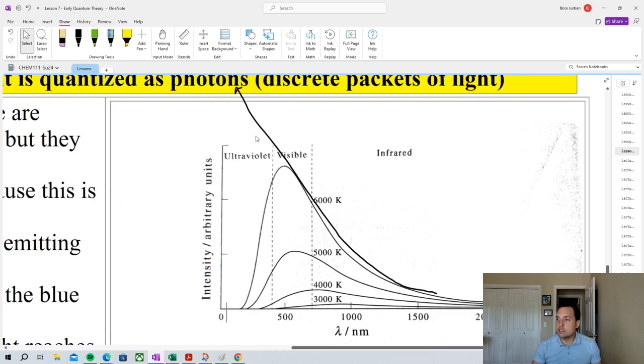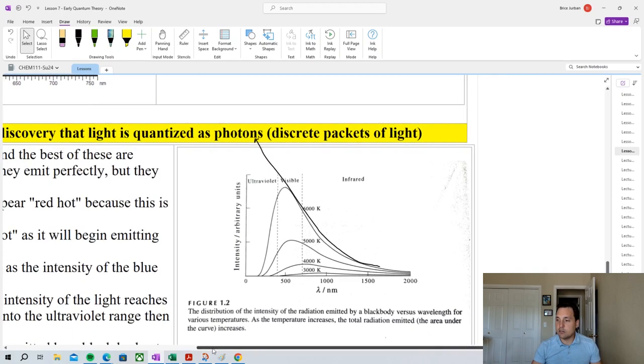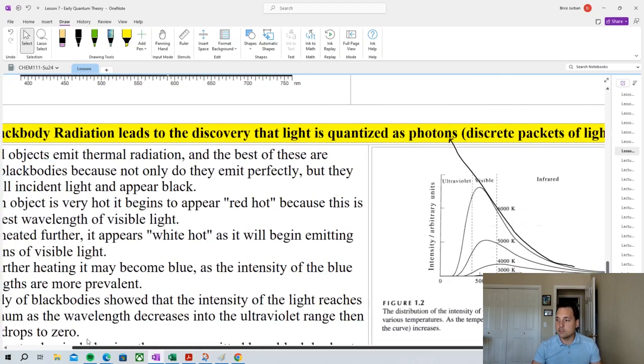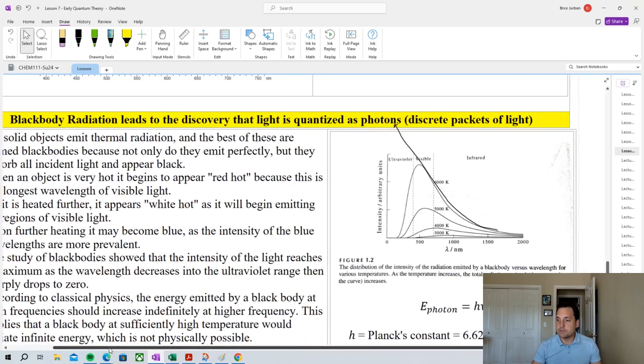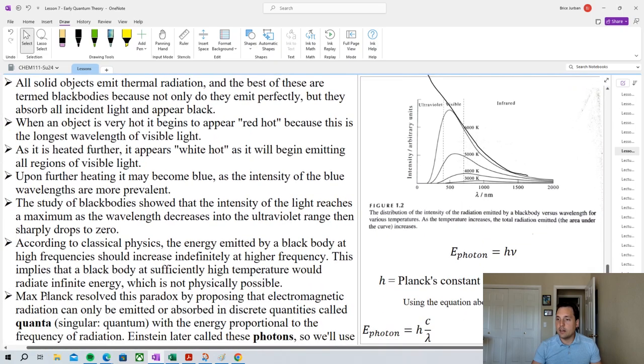This was known as the ultraviolet catastrophe, because as that black body emits radiation in the ultraviolet region, it was predicted to give increasingly higher levels of energy to a point where it would be radiating off infinite energy. So this was not physically possible. We can't be radiating infinite energy.